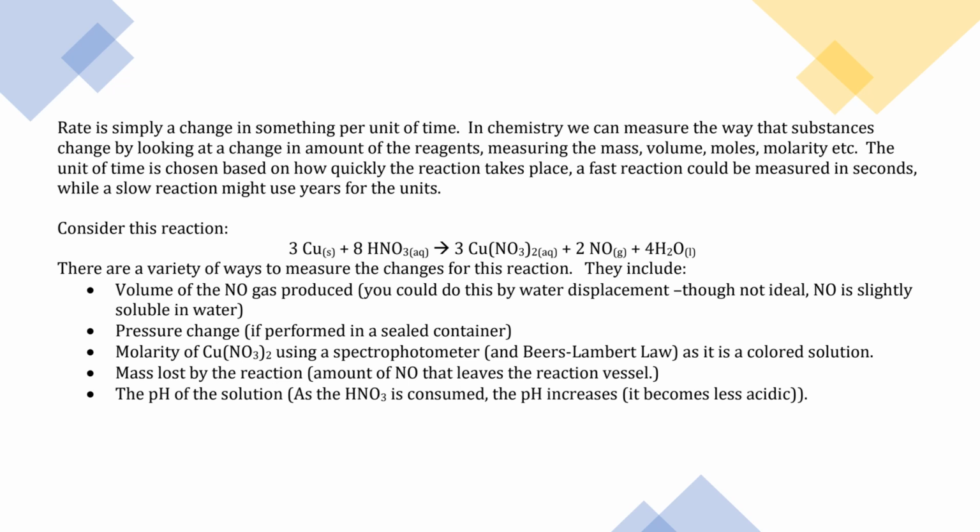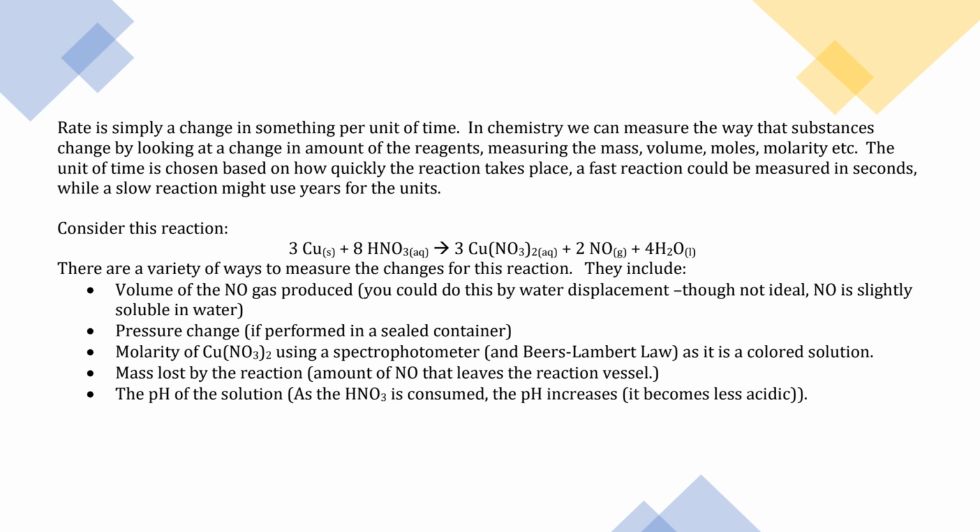So we have the following reaction here. We have copper plus nitric acid producing copper(II) nitrate, nitrogen monoxide gas, and water. You can measure this in different ways. Because you're producing gas, you can look at pressure change. Because you have copper(II) nitrate, you can use a spectrophotometer as it is a colored solution.